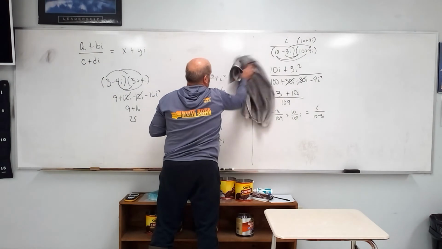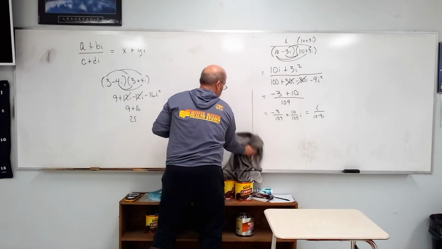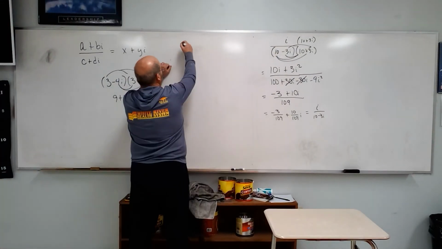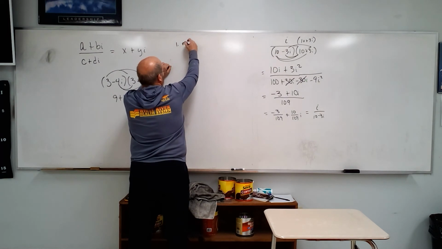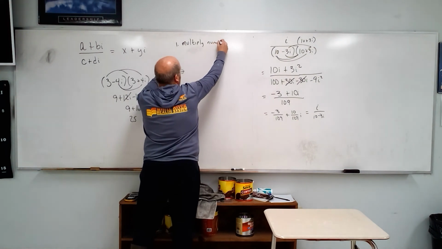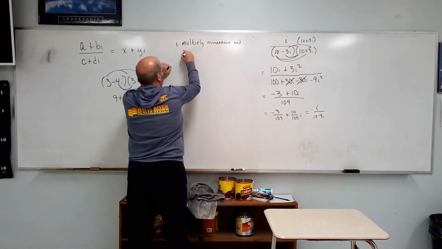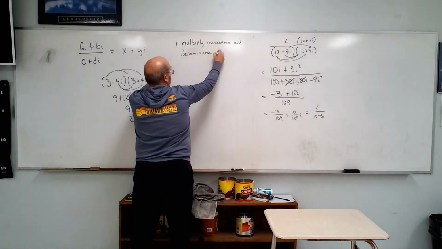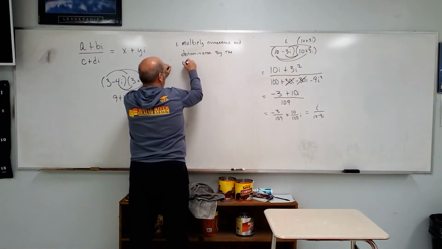So let's look at it again, and we'll list out the steps for dividing complex numbers. The first thing we do, we have a division problem for complex numbers. Multiply numerator and denominator by the conjugate of the denominator.